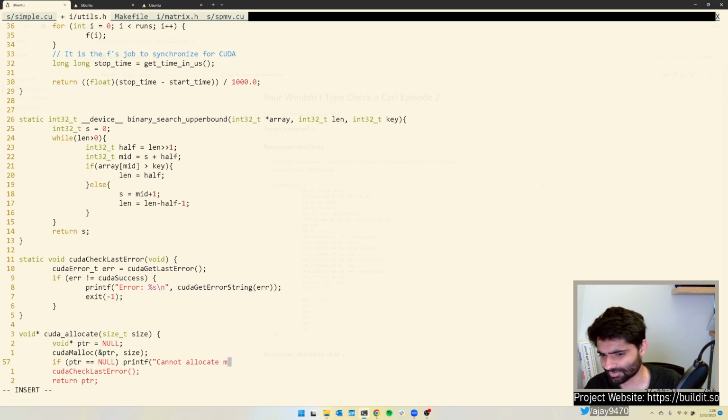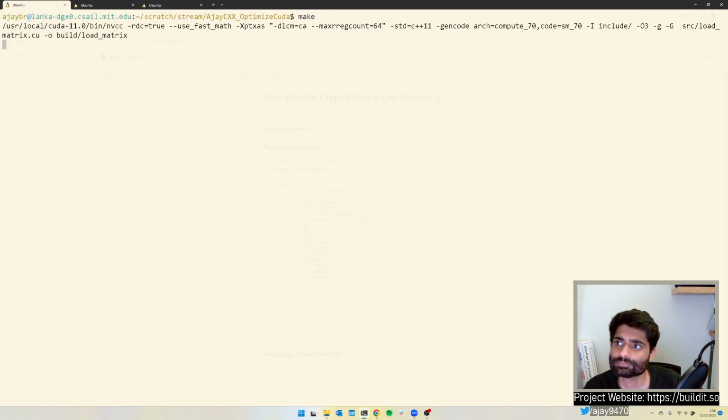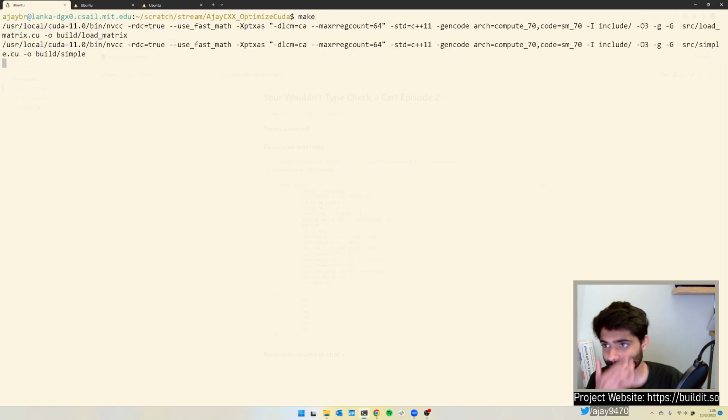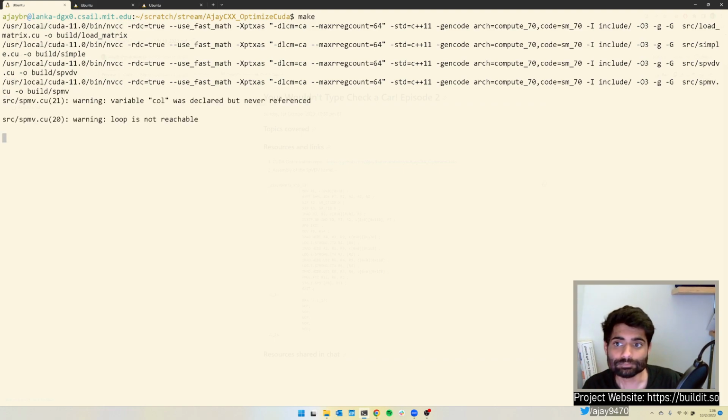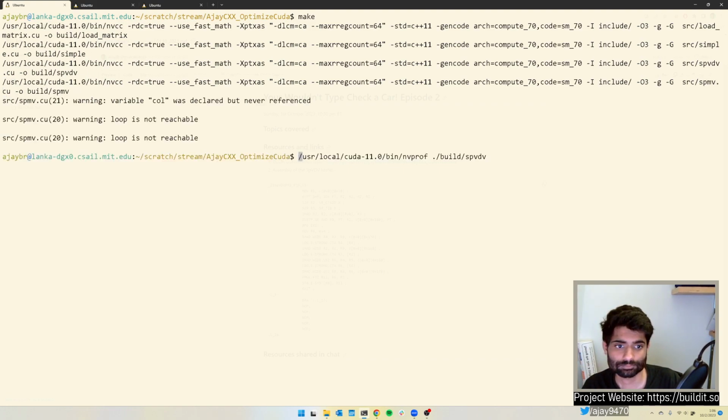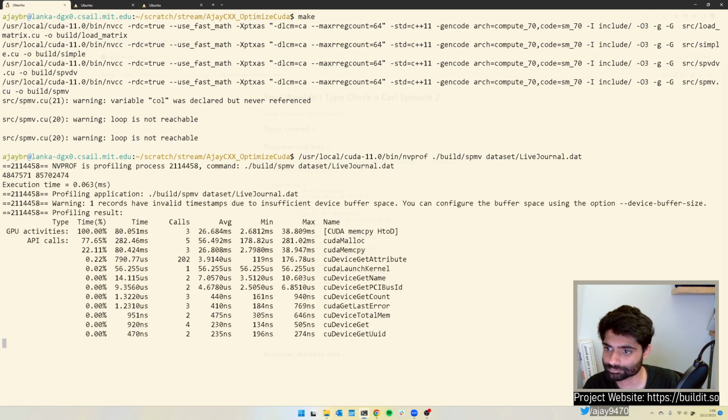I'm checking if I have enough memory. I should have enough memory. I don't think this is the reason, but it doesn't hurt to check. That is not an issue.